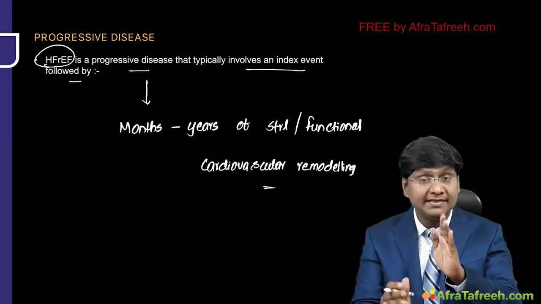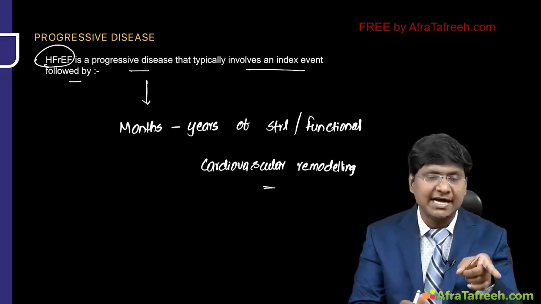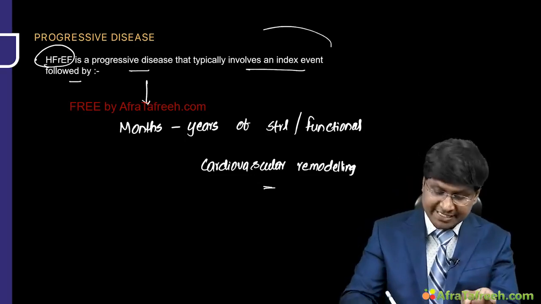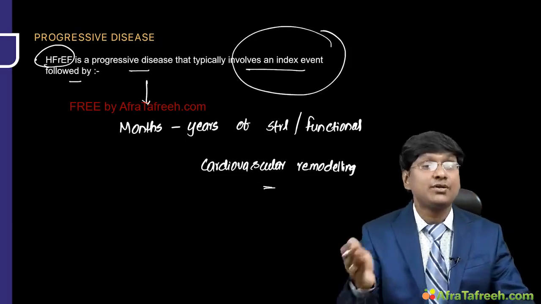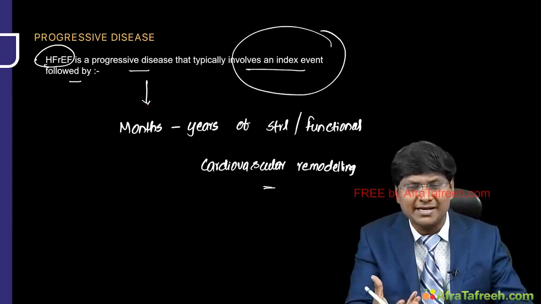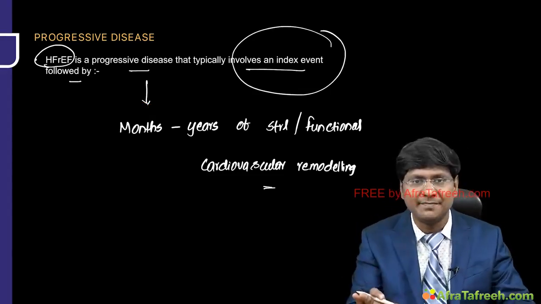So in the pathophysiology, the etiology causing the heart failure is not what is important for us. That particular etiology, which is the index event, how it causes the structural and functional cardiovascular remodeling, that understanding is very important for us to give the specific treatment, right?